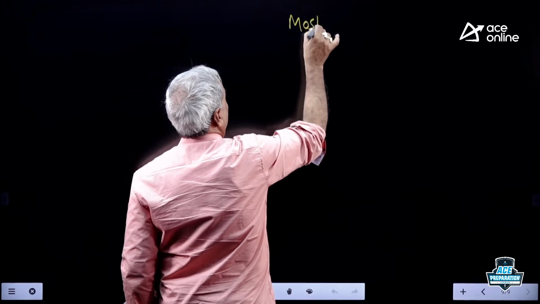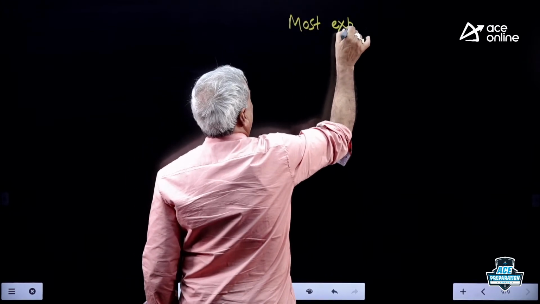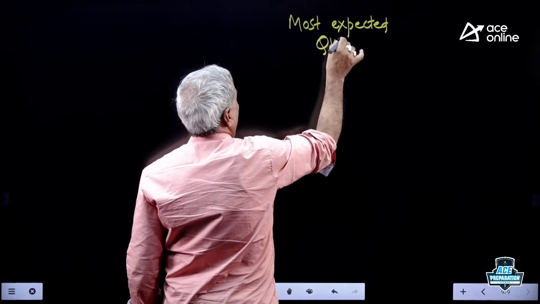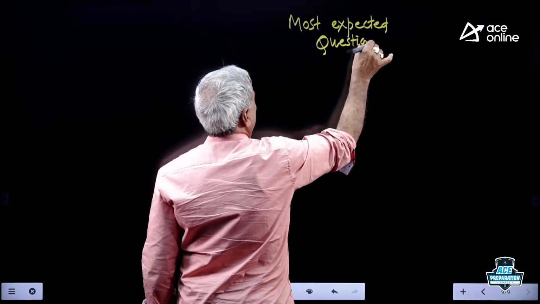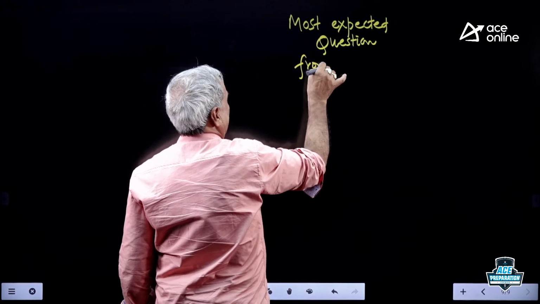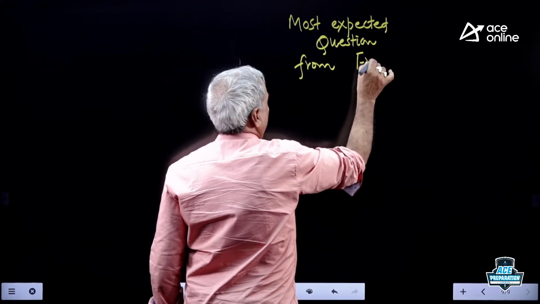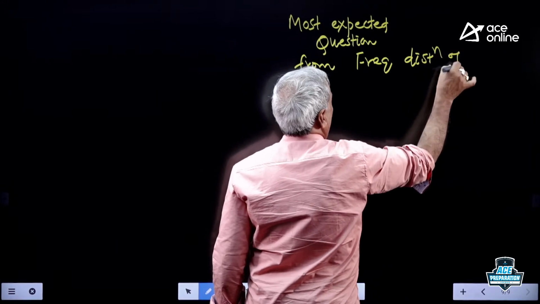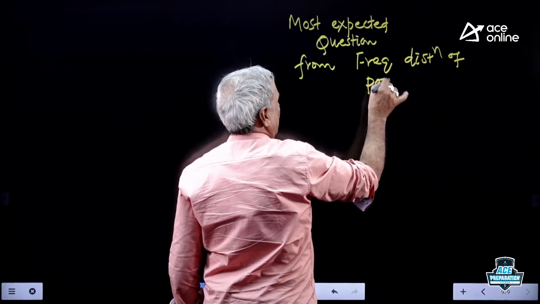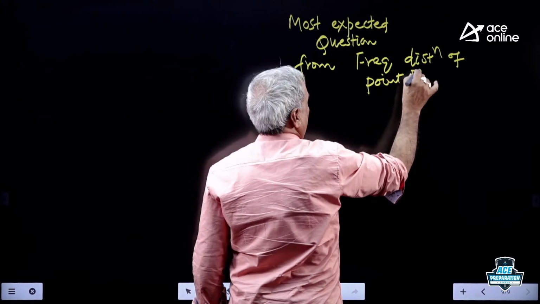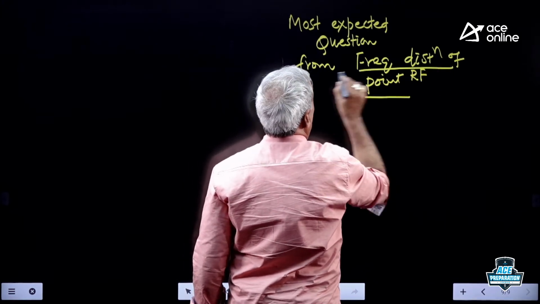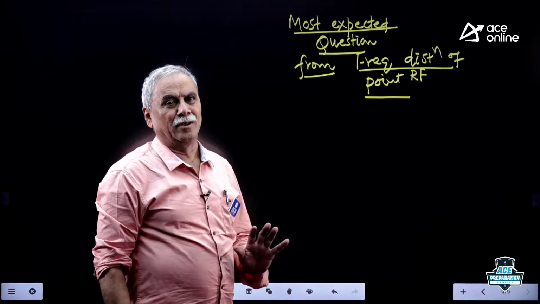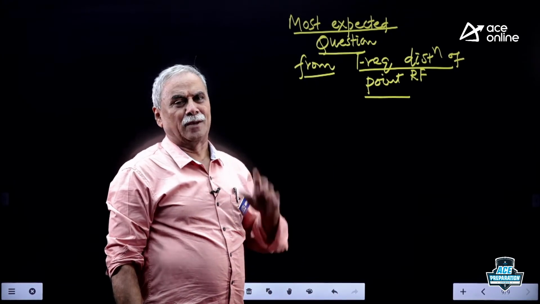One more most expected question, from my point of view, is the frequency distribution of point rainfall. Rainfall recorded by a particular rain gauge station is called point rainfall.